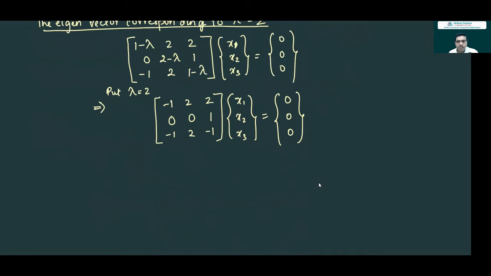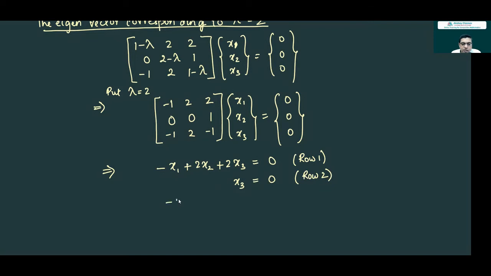All right. So now this implies the first row gives minus x1 plus 2x2 plus 2x3 equal to 0. This is row 1. The second row gives x3 is equal to 0 straight away. Third row, minus x1 plus 2x2 minus x3 equal to 0.